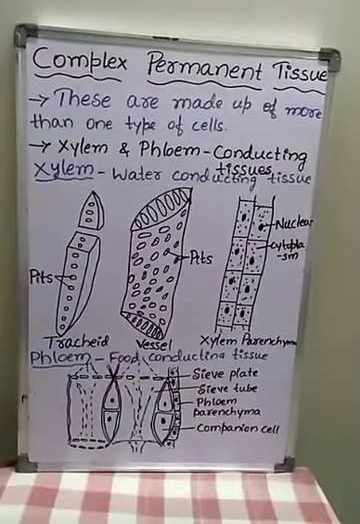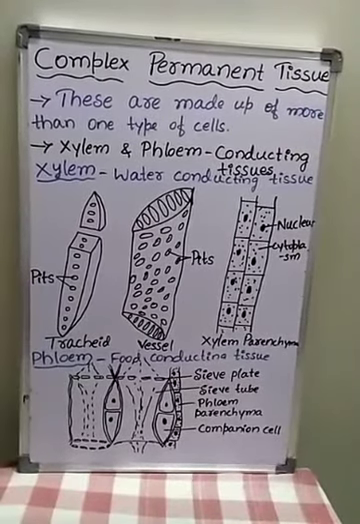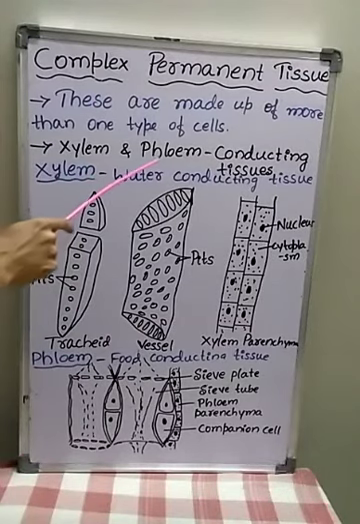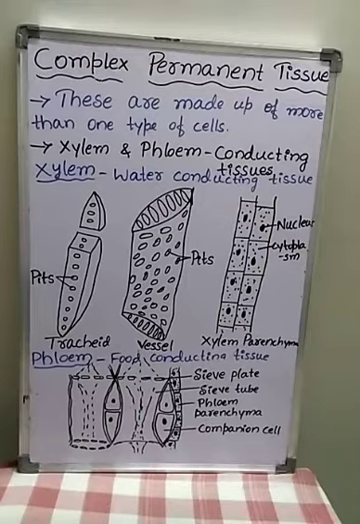Xylem transports water from the root to the tip of the plant, whereas phloem transports food from leaves to different parts of the plant, because the leaf is the site where photosynthesis takes place.